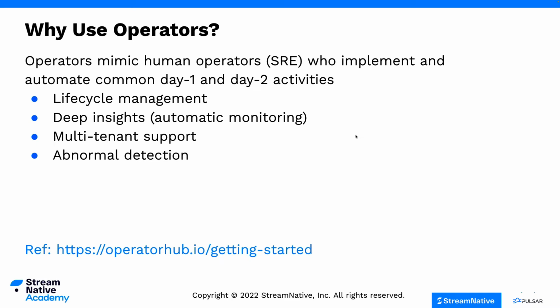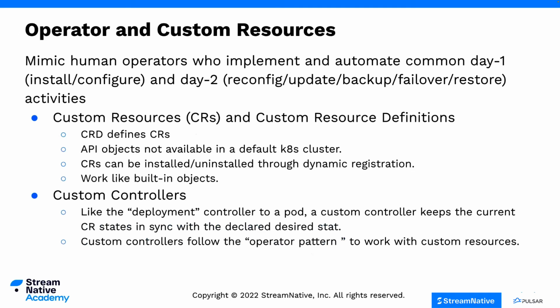This is our value, and the differentiator of our StreamNative platform versus the Apache Pulsar open source version. So two things you need to consider: the custom resource definition, and the custom controller. The controller is basically the operator.